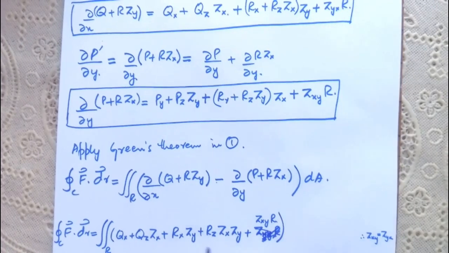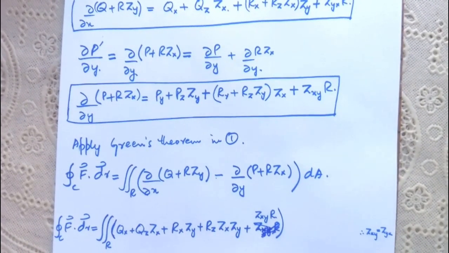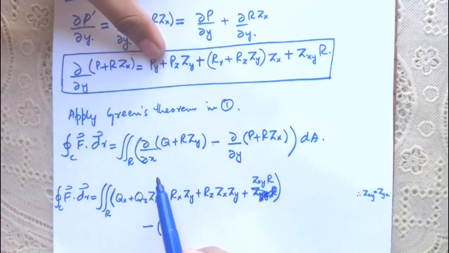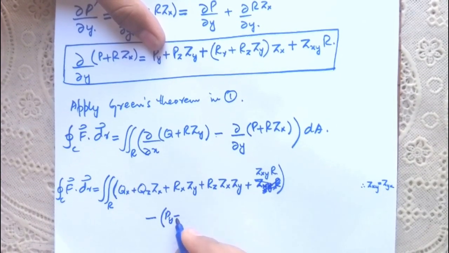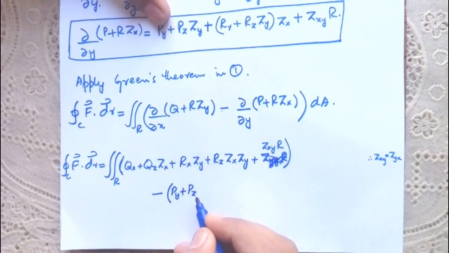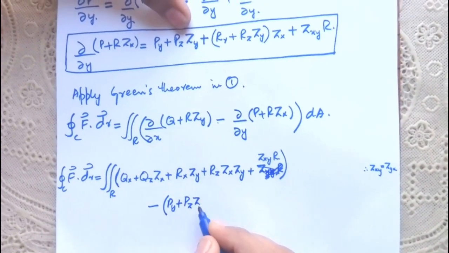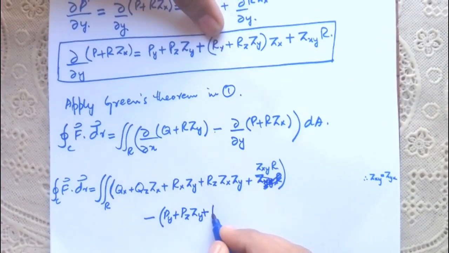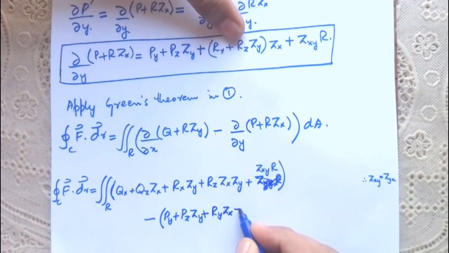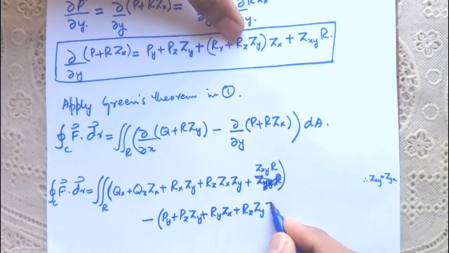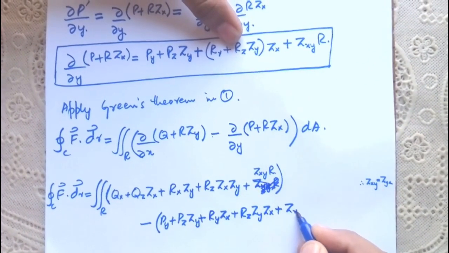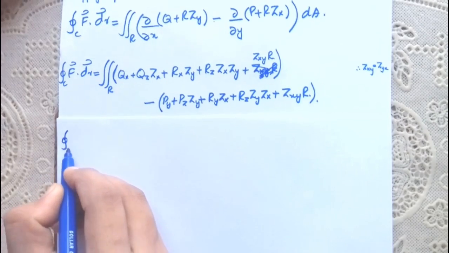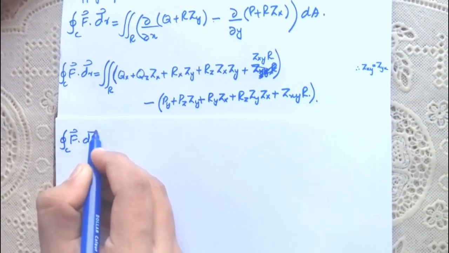And minus the right hand side of this expression, so it is py plus pz zy plus, and we expand this, ry zx plus rz zy zx plus rxy times r, right?